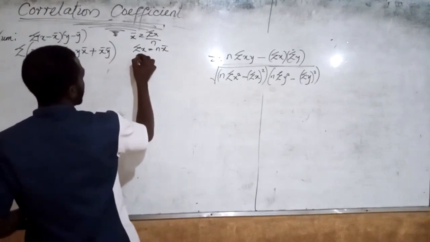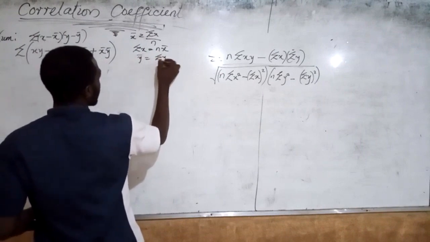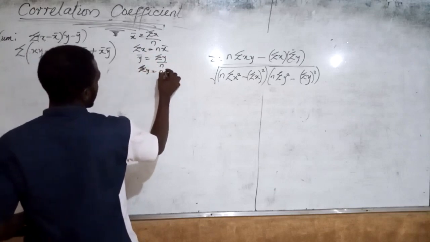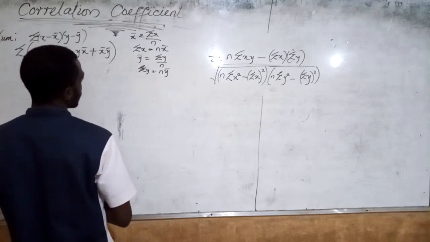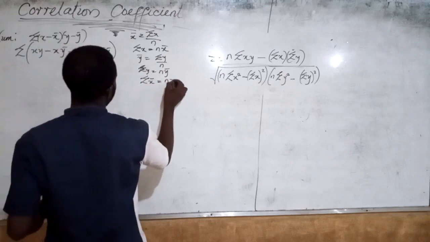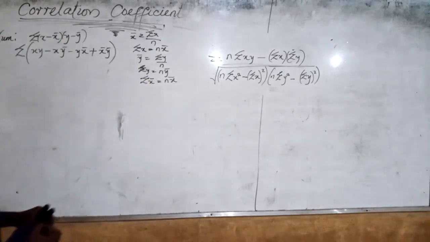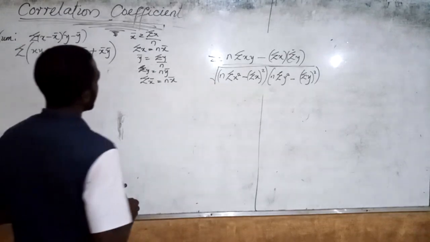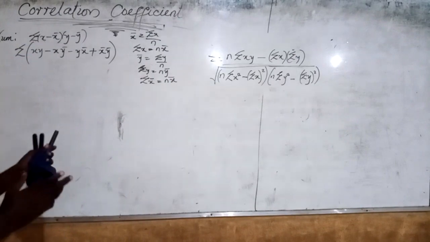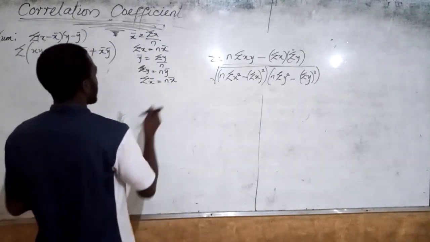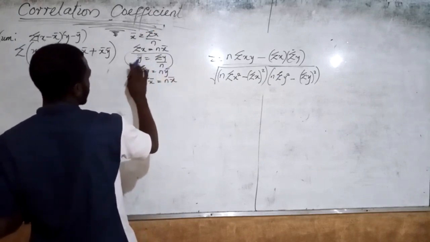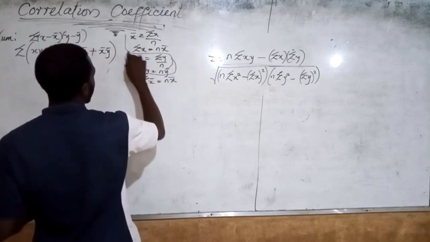The same for y bar equals summation of y over n, so summation of y will be equal to n y bar. Of course, we also know that summation of x bar is equal to n x bar. These are relationships that you should know offhand. This one belongs to y, and this one belongs to x.